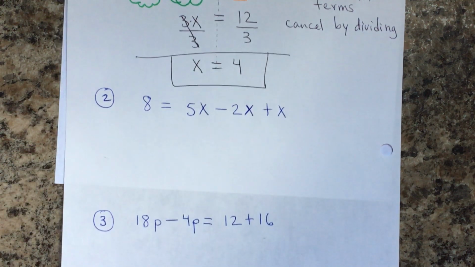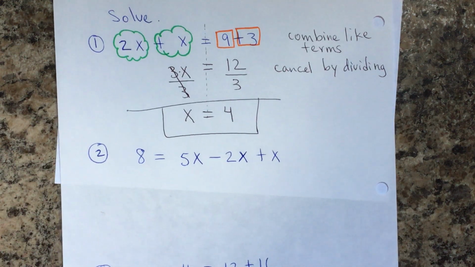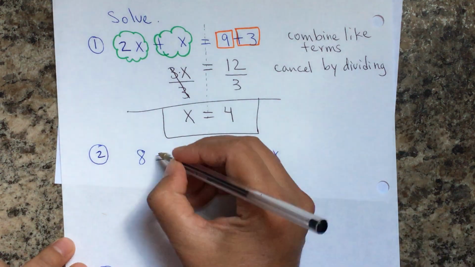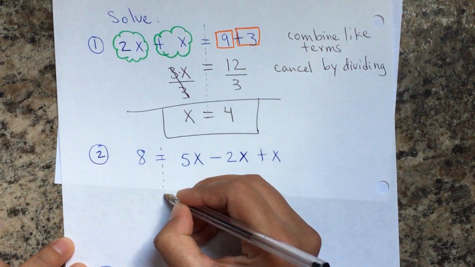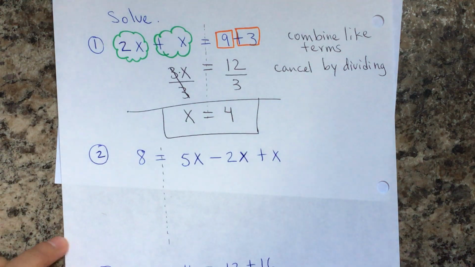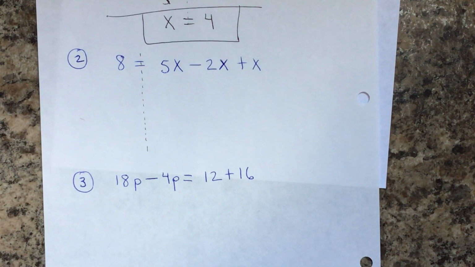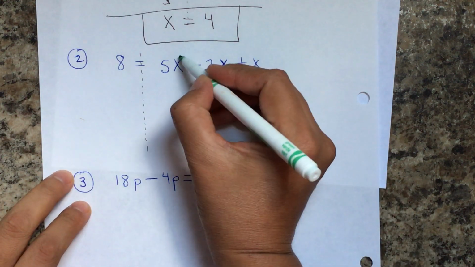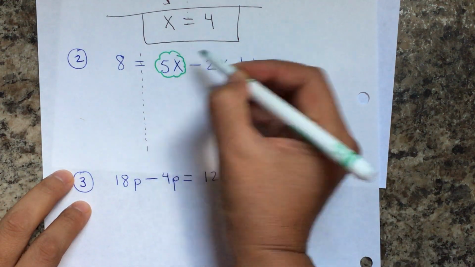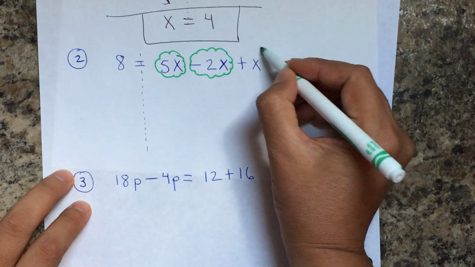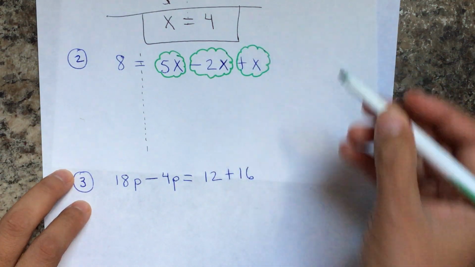Okay, take a minute to pause the video if you want, if you need to take notes. Okay, again, we're going to divide the equation by the equal sign. And so I notice that I have 5x, I have negative 2x, and I have x.